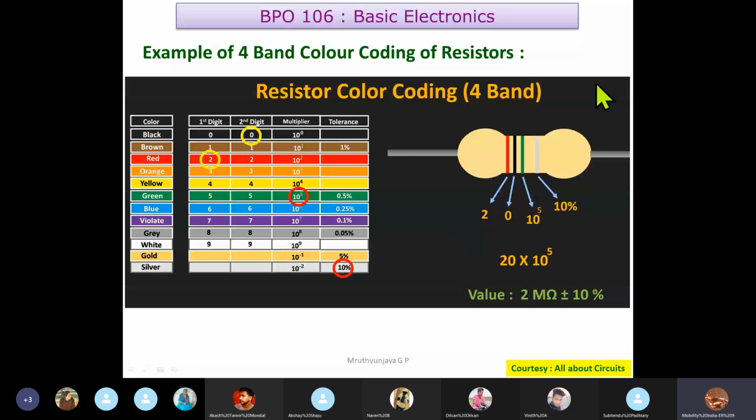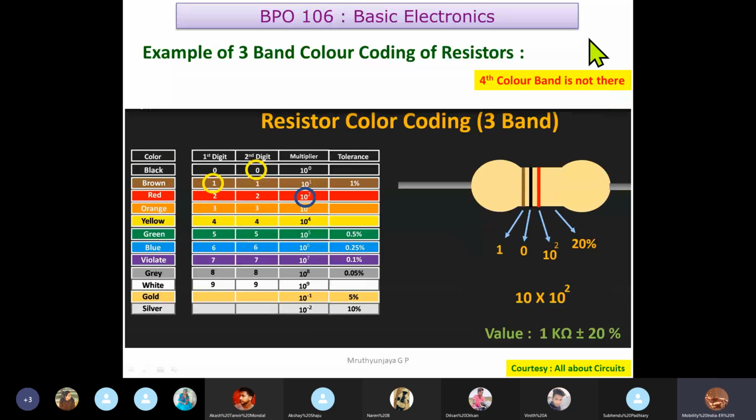When there is no fourth band, there will be only 3 bands. They are very low tolerance resistors, I can say low accuracy resistors. The example is shown here. There is no fourth band. In such a case, you will have to take the tolerance as 20%. I was trying to explain the tolerance.